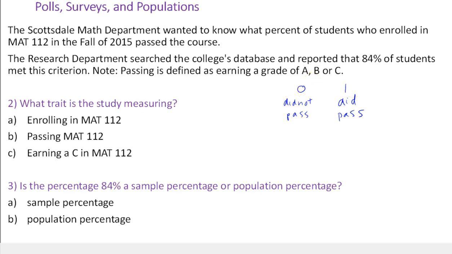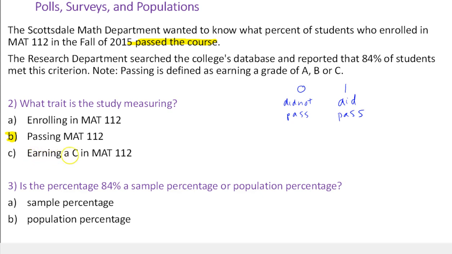Specifically here, we're not looking at enrolling in MAT 112. That's our whole population. Passing MAT 112, well, that's what we're looking for. Remember, this was right up here, pass the course. So we're going to highlight that one. That's the correct answer, but let's just look at C as well.